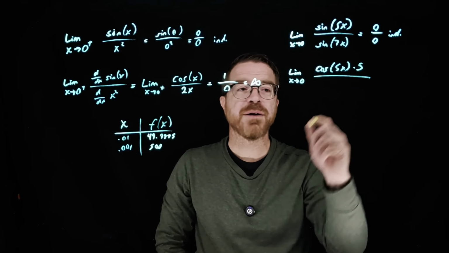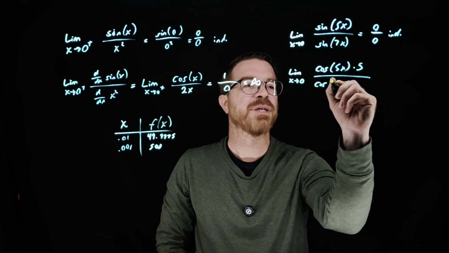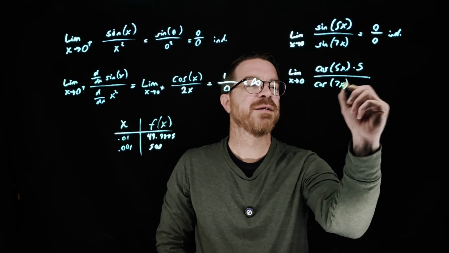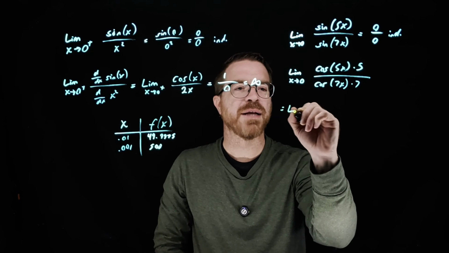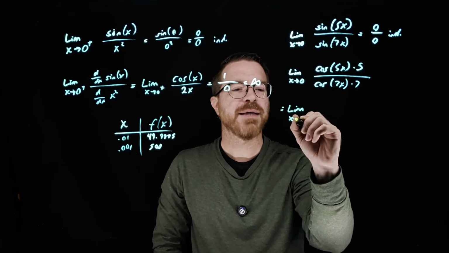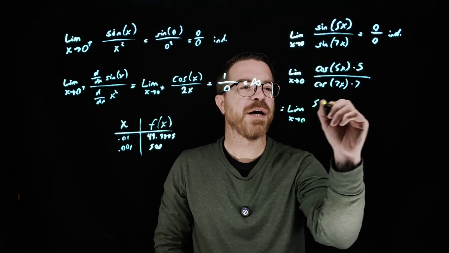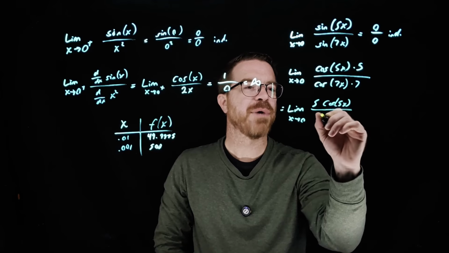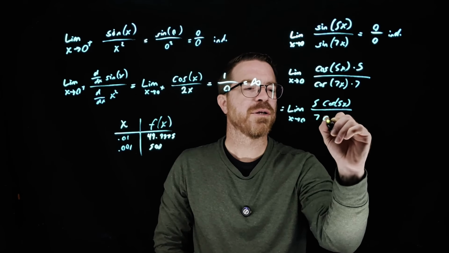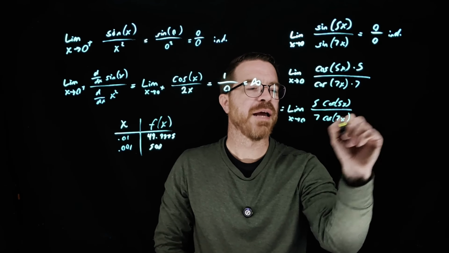For the denominator, same thing, I'm going to have cosine of 7x times 7. So then I'm just going to rewrite it as the limit as x approaches 0 of 5 cosine of 5x divided by 7 cosine of 7x.